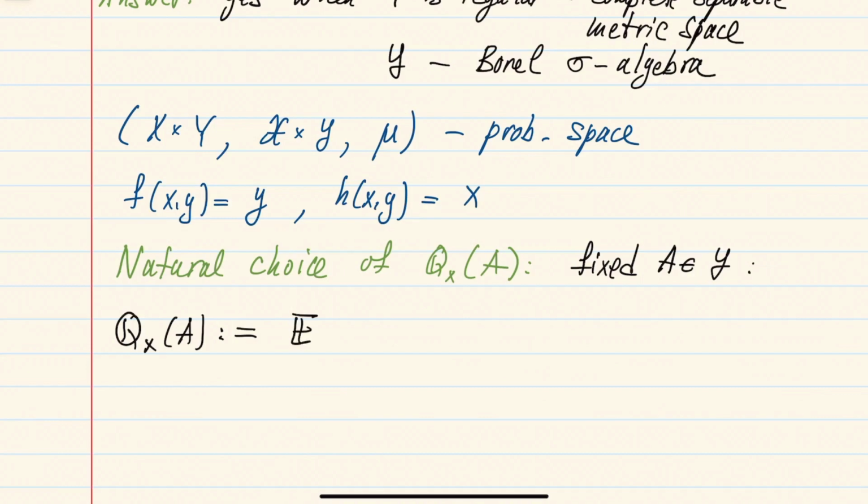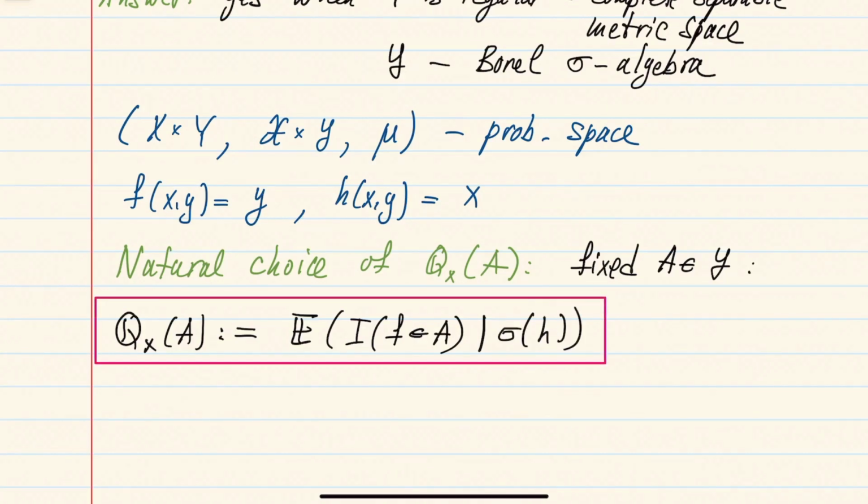So it will be the conditional expectation of the indicator that the second coordinate y, or I denote it by f here, belongs to this measurable set A, conditionally on the first coordinate, or conditionally on the sigma algebra generated by this first coordinate, which I denoted by function h. And of course, by definition of conditional expectation, it will be measurable with respect to the sigma algebra, so it's sigma h measurable.